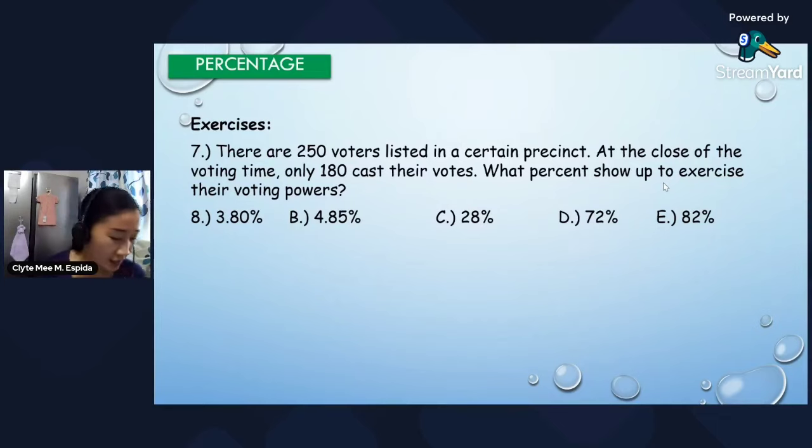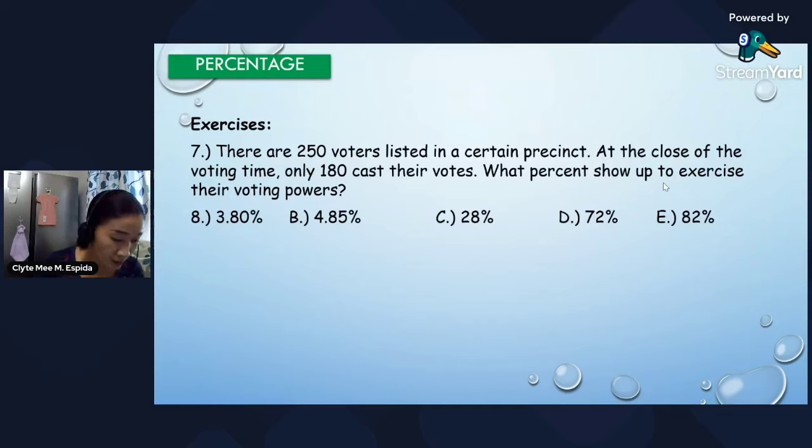Some more? Letter D, Sir Giovanni. Arnolfo, also letter D. Maria Isabel, letter D. Okay, 72% of the voters showed up. Carl Vincent also answered letter D.